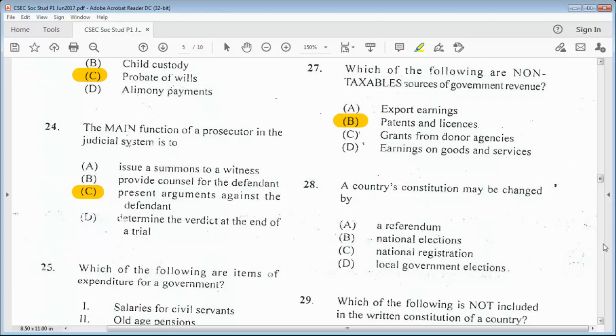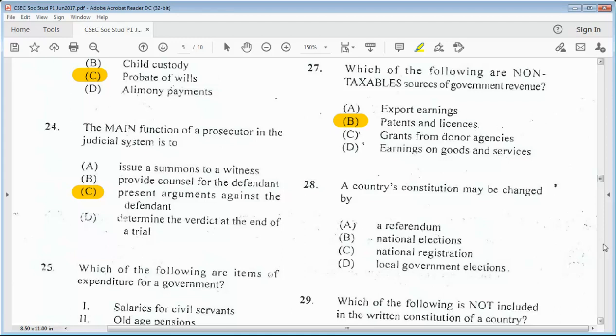A country's constitution may be changed by A. Referendum, B. National elections, C. National registration, or D. Local government elections. Well, a country's constitution may be changed, not by a national election. No. Let's look at our options. C, national registration. No. D, local government elections. No. So the only way a country's constitution can be changed is A, referendum.